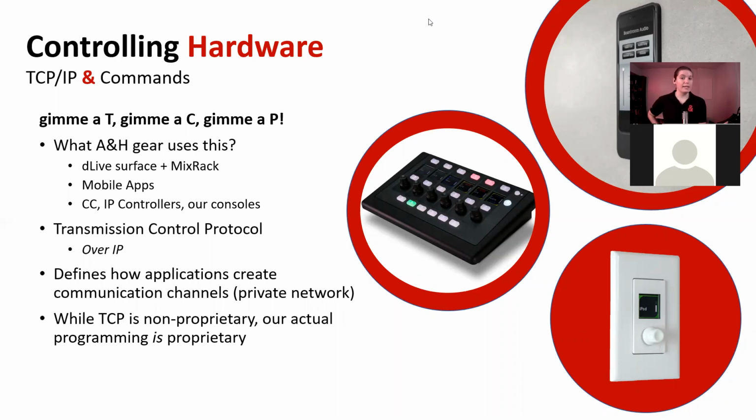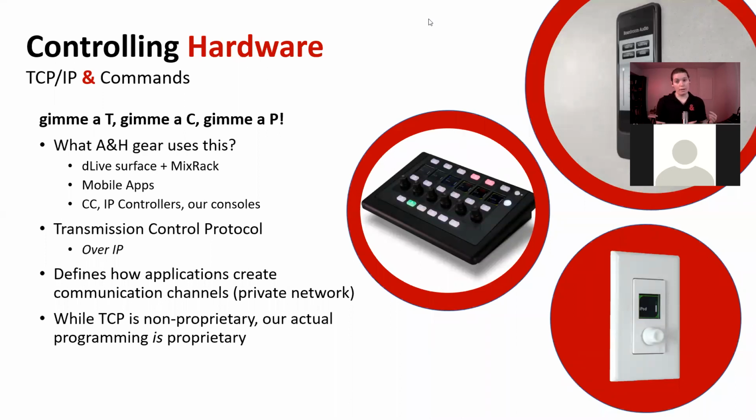So a lot of our gear actually uses TCP/IP to send control data to one another. And things like the D-Live surface and the mix rack, that is a complete TCP/IP connection. You can kind of think of the surface as being like a really advanced super ultra mouse, but it's just sending control data from the surface to the mix rack, which is why you're able to have a mix rack run entirely on its own.